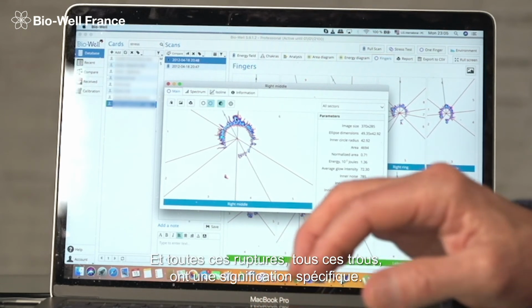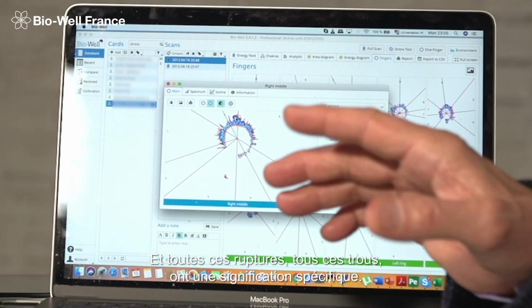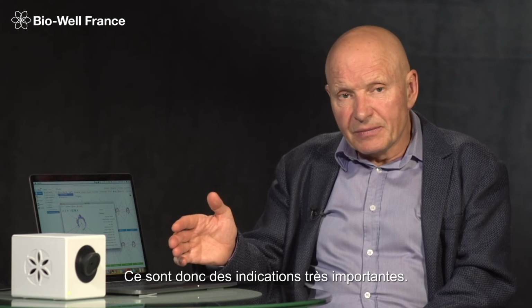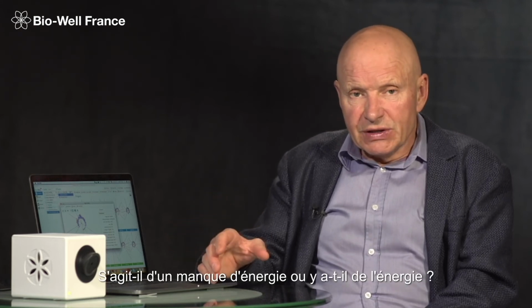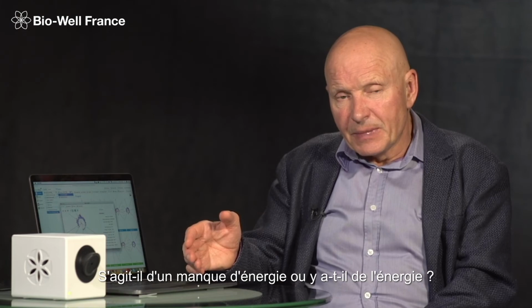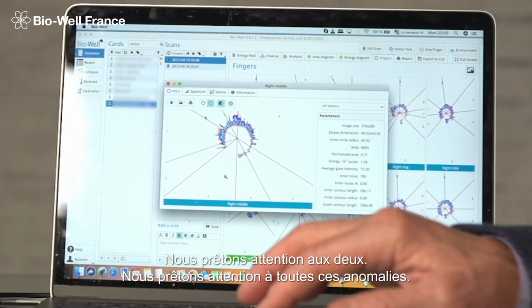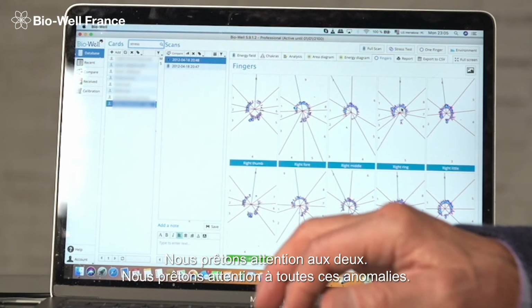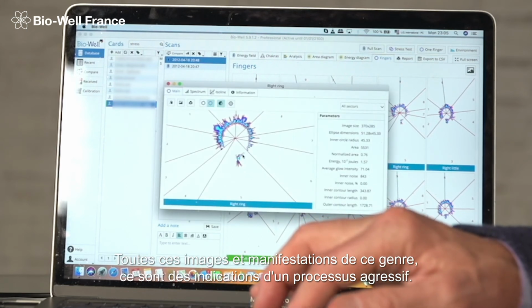And all those outbreaks, all those holes, they have specific meaning. So those are indications of some energy situation, either energy deficiency or energy excess. We pay attention to both. We pay attention to all anomalies of those images, and outbreaks of this kind.